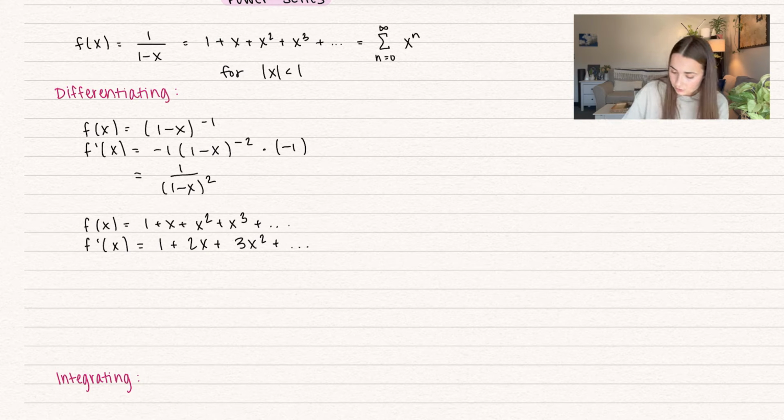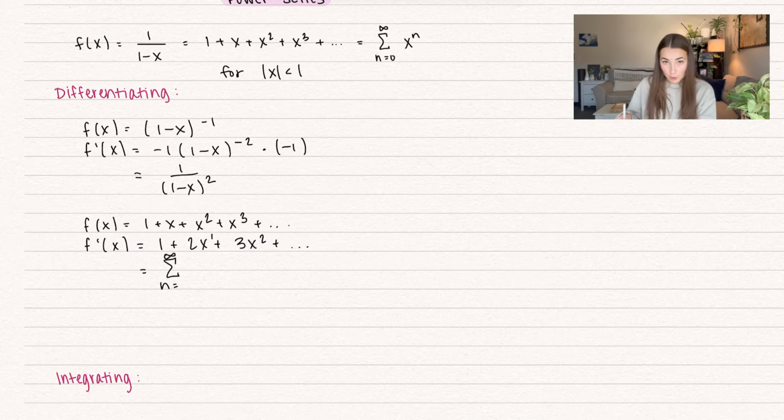Now, if you wanted to, you could rewrite this as a power series, right? So we have n equals, and I'm not going to write our starting index yet. We're going to look for the powers, right? So we have a coefficient of 2 and an exponent of 1. For the next term, we have a coefficient of 3 and an exponent of 2. So what we have is a larger coefficient than the exponent. We're just adding 1 to the exponent, right? So now we can see what our starting index should be.